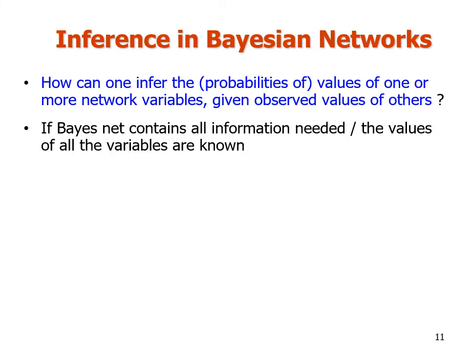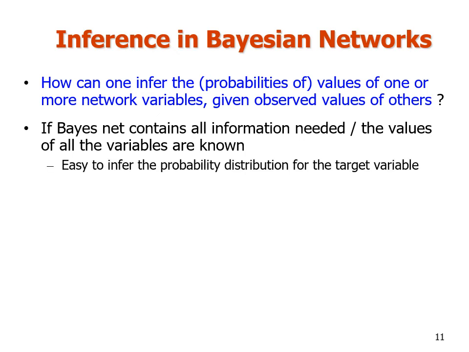If the Bayes network contains all the information that is needed, or it contains the values of all the variables, then it is very easy to infer the probability distribution for the target variable.